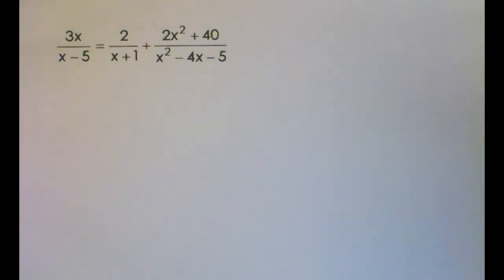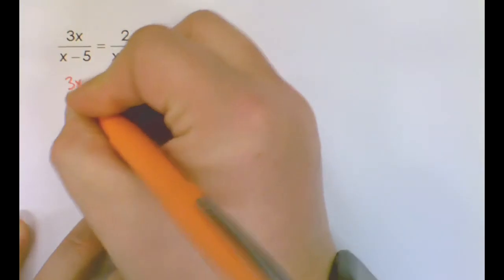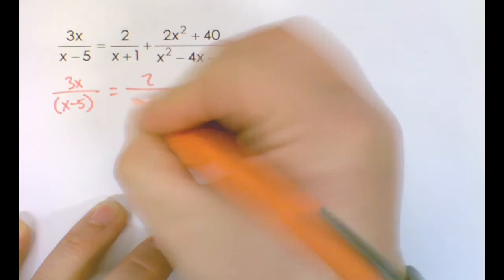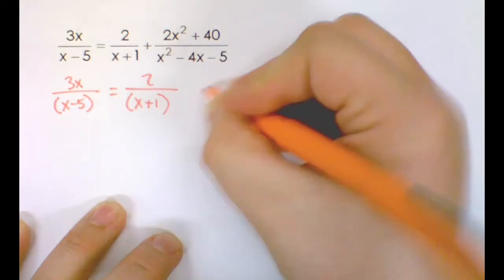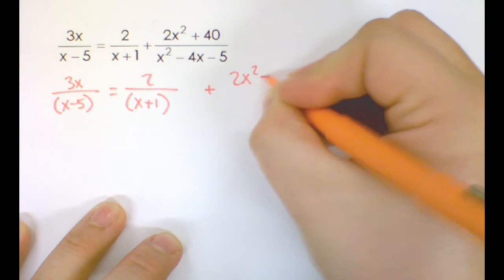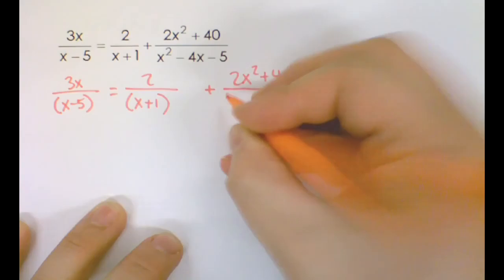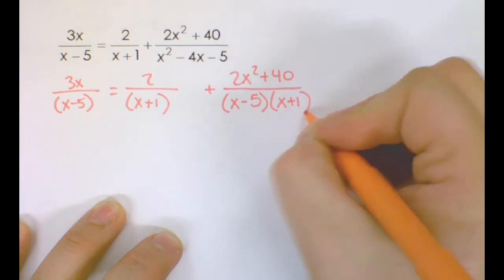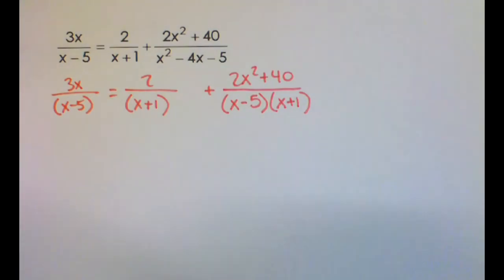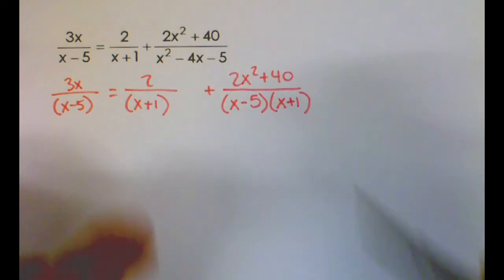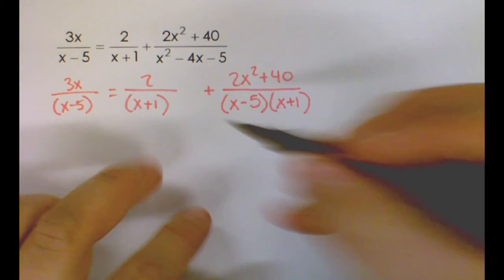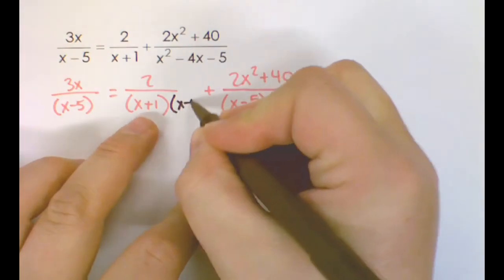All right, now for this one, we start off just like we do, adding and subtracting rational expressions. Get a common denominator. To do that, we factor the denominators. And the only denominator we can factor here is this last one. It becomes x minus 5 times x plus 1. Now I like to get a common denominator on everything. Well, I see that they all use the same 2 factors. This one is missing the x minus 5.